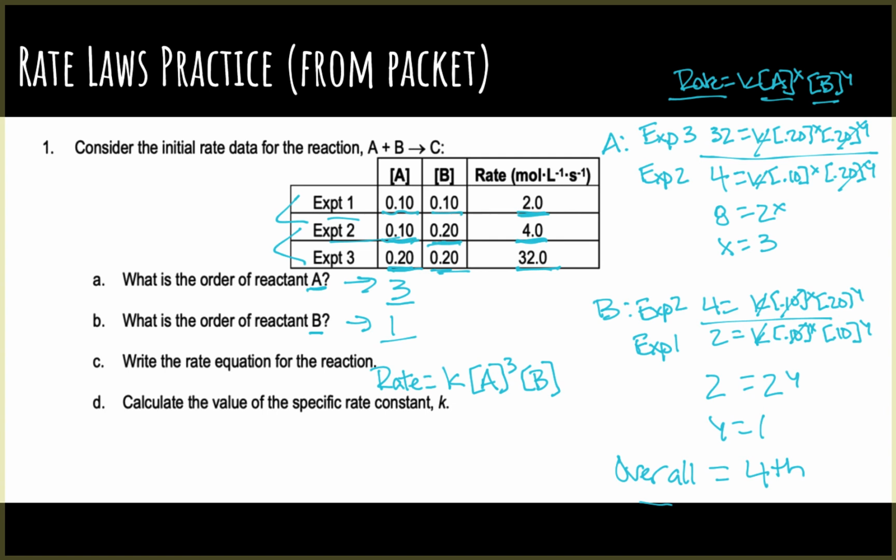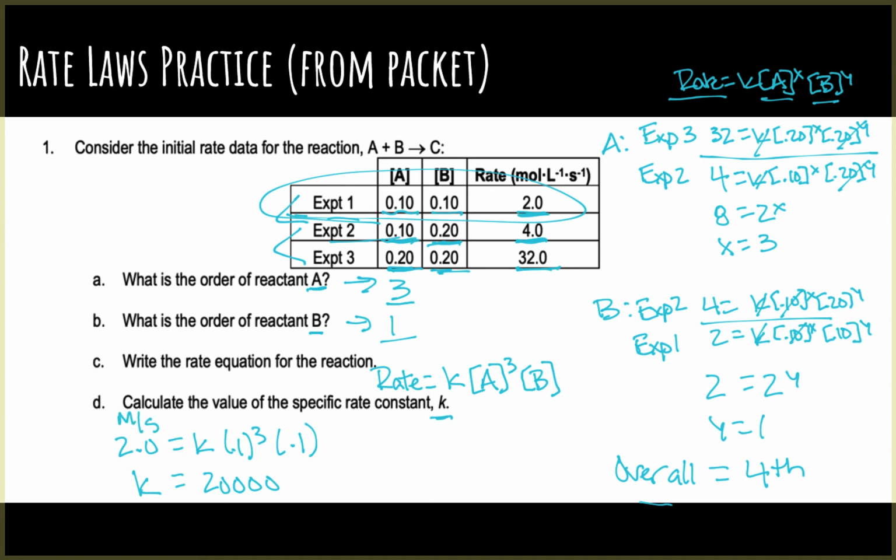Now it asked me to solve for k. Like we said before, we can pick any of those experiments; it doesn't matter which one. We're just going to use the first one and sub in those values. So the rate is 2.0 equals k, 0.1 to the third, 0.1 to the first. So k for this one is going to equal 20,000. Like we said before, units are kind of weird here.